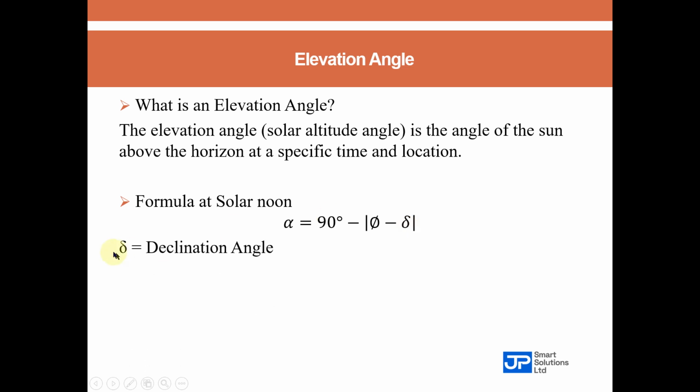So I think I put that here. This gives us the declination angle, while this gives us the latitude of the location. So your location is very much important while designing your solar PV systems.